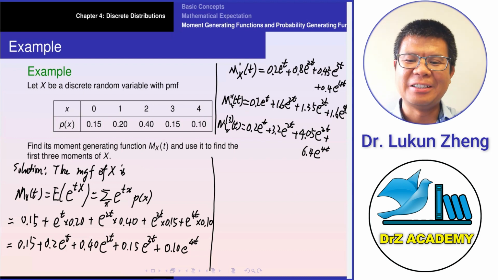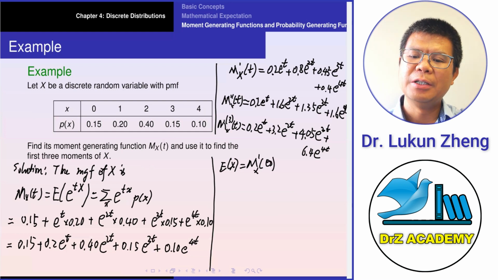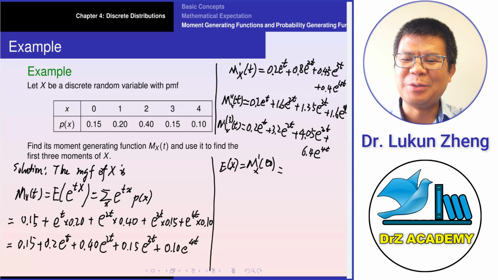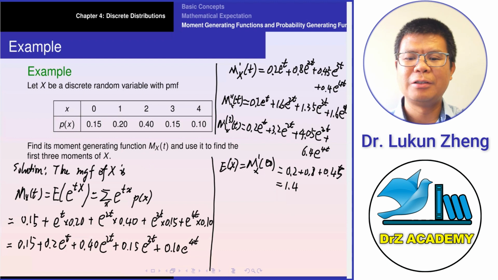Now the first moment, the expectation of X, equals M prime at t equals 0. So when t equals 0, it's going to be 0.2 plus 0.8 plus 0.45, which is 1.45.